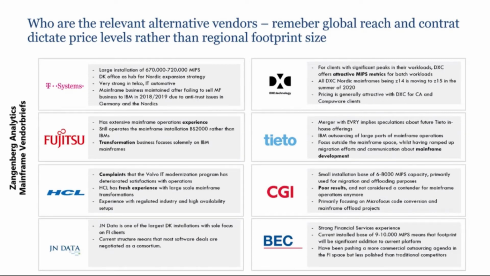It's important to understand what your alternatives are and what their capabilities are, depending on whether you're talking about an operational partner, or a transformational offload partner, or whatever the case may be.